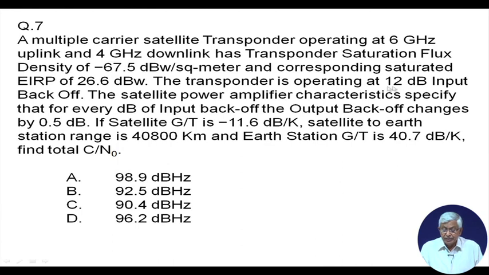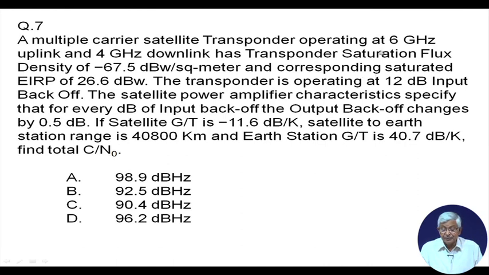So, there is a 12 dB input back off, and the satellite power amplifier characteristics specify that for every dB of input back off, the output back off changes by 0.5 dB. If the satellite G by T is minus 11.6 dB per Kelvin, satellite to earth station range is 40,800 kilometer, and the earth station G by T is 40.7 dB per Kelvin, find the total C by N naught.